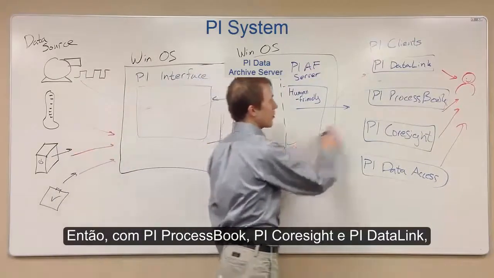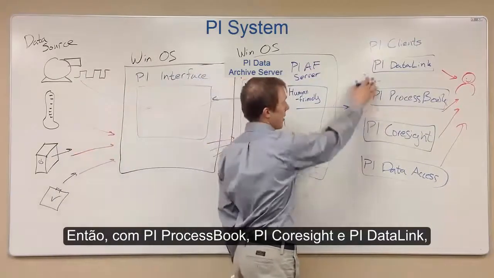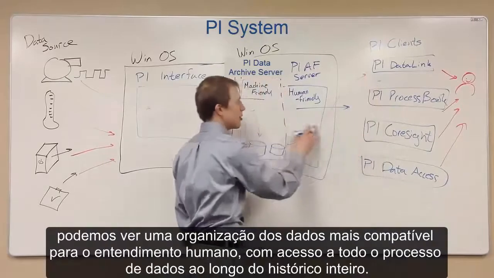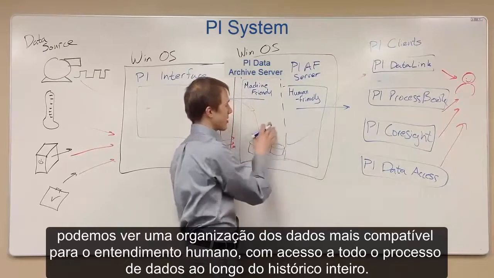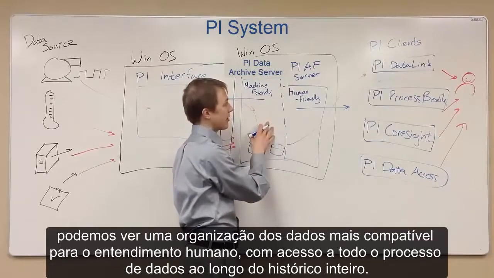And so now with Pi ProcessBook, Pi CoreSight, Pi DataLink, we can see a human-friendly chart and organization of the data and still access all the process data over an entire history.